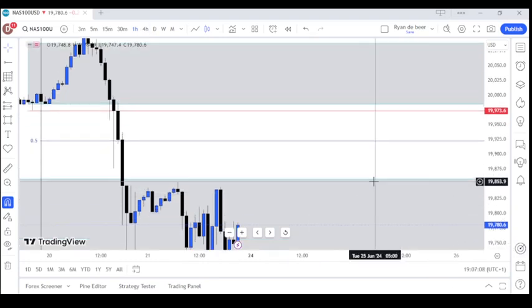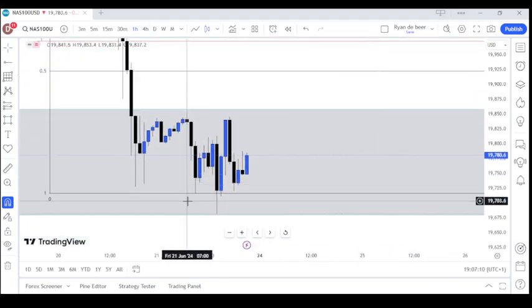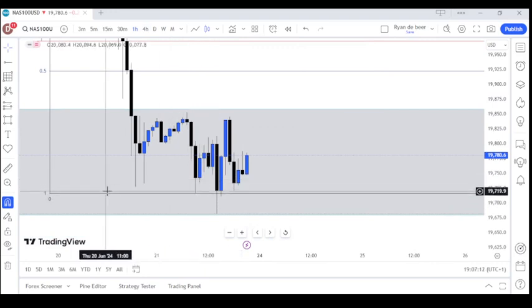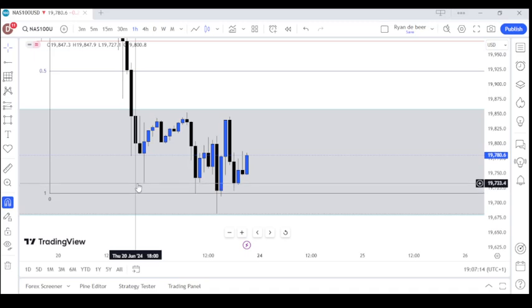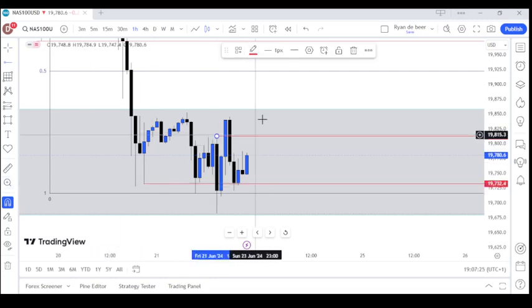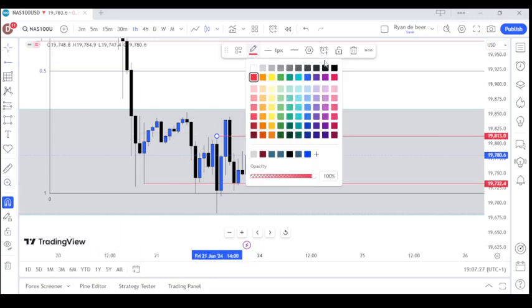As you can see, we did sweep out this 1 hourly low as well as this 1 hourly low over here. So we did get a sweep of these lows, and then right after we broke structure to the upside on the 1 hourly time frame.